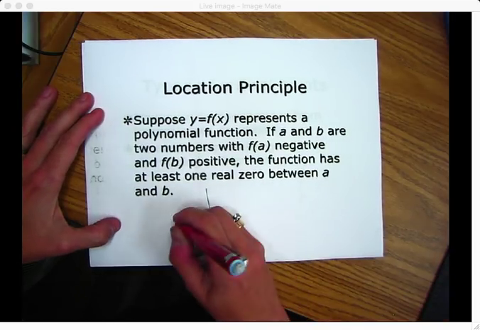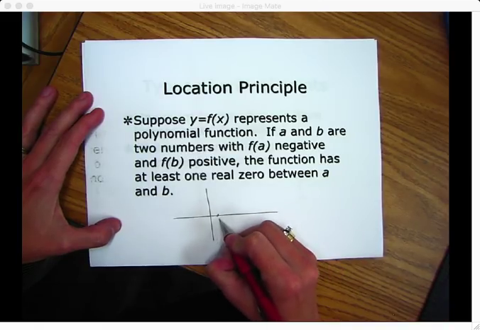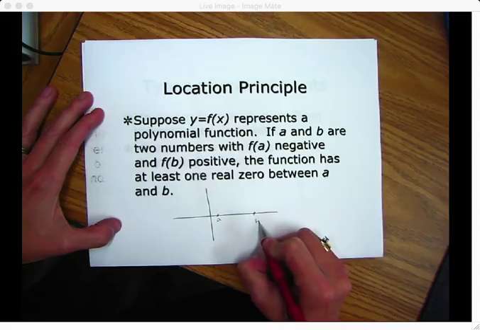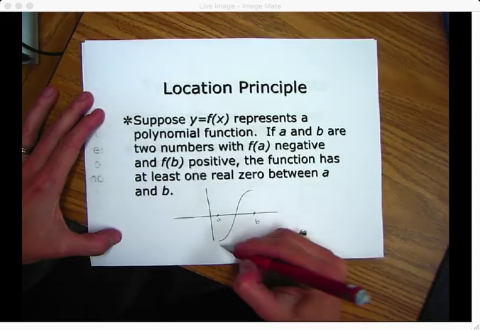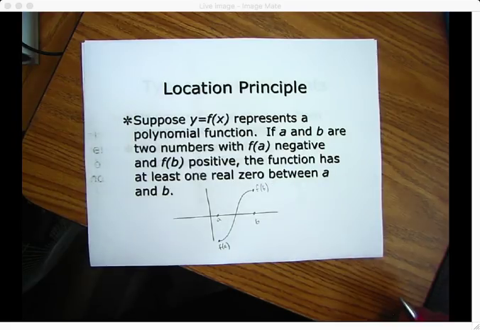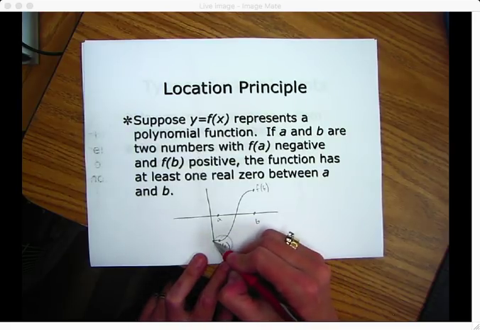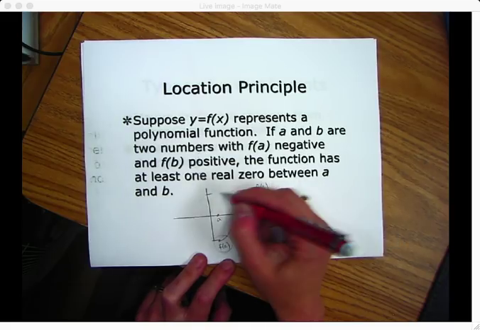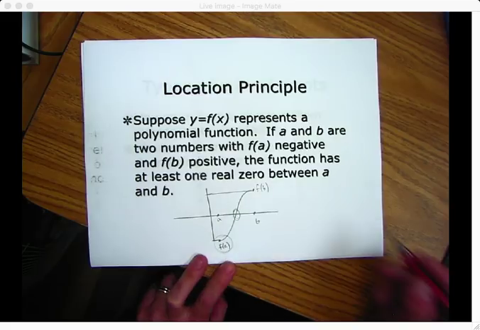means. If you had a function where this is point A and this is point B, and if I have a graph where this is the function evaluated at A and this is the function evaluated at B, you can see that because this location is negative on the y-axis and this location is positive on the y-axis, there has to be a zero somewhere in between.